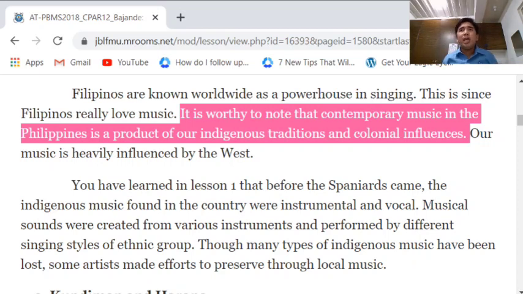And did you know, class, that 10% of our population in the whole Philippines, okay, 10% of it are still practicing indigenous tradition. Okay? And when we talk about indigenous tradition, it includes music, dance, and even theater. Okay? So 10% of the population of the Philippines practice indigenous tradition.